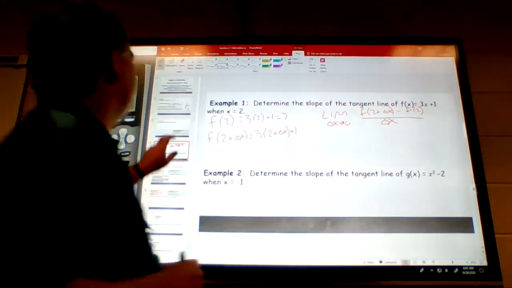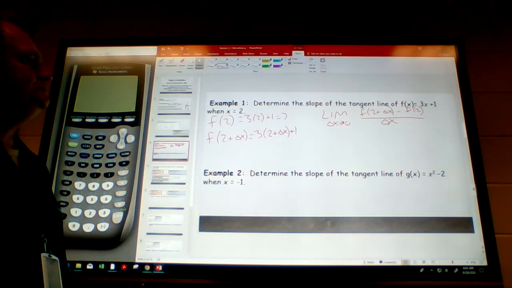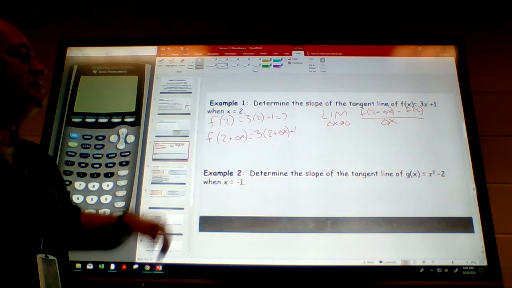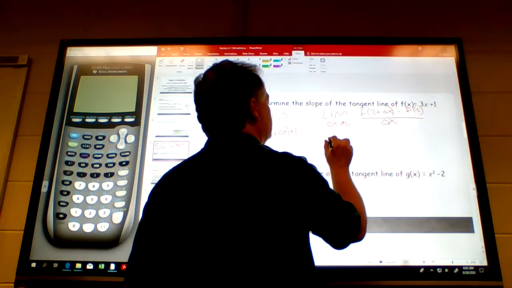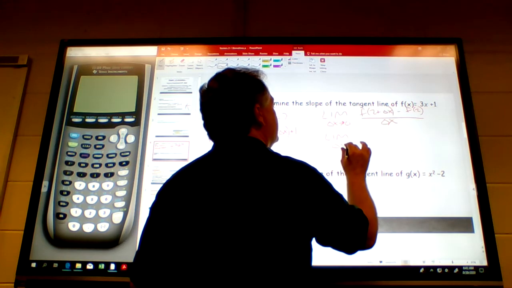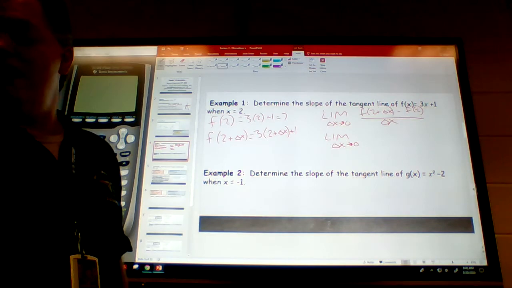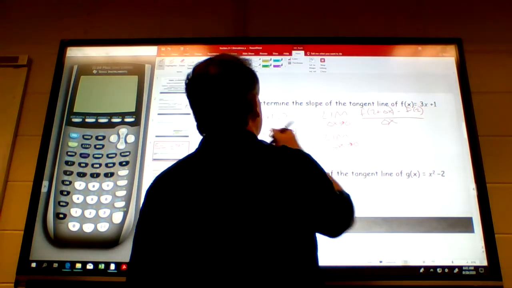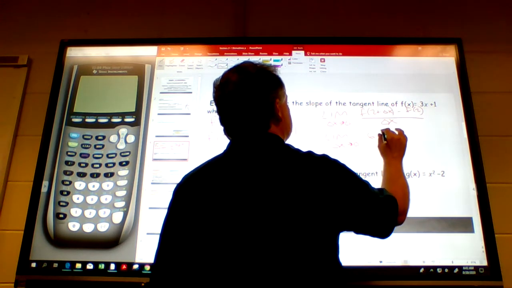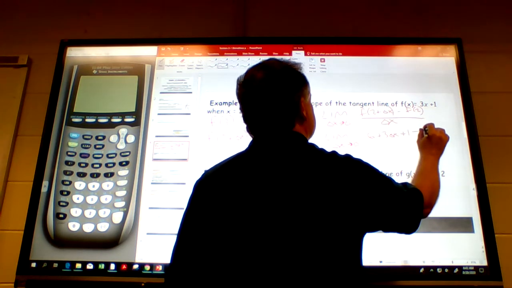And that is straight from the previous formula we just dealt with, okay? I figured these components up earlier so you could see where they come from. So now I'm going to take the limit as delta x approaches 0 of, and when I simplify that, I get 6 plus 3 delta x plus 1 minus 7.